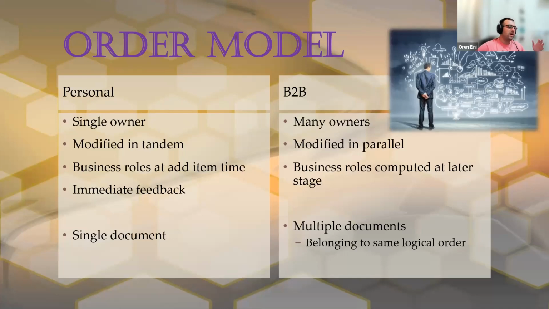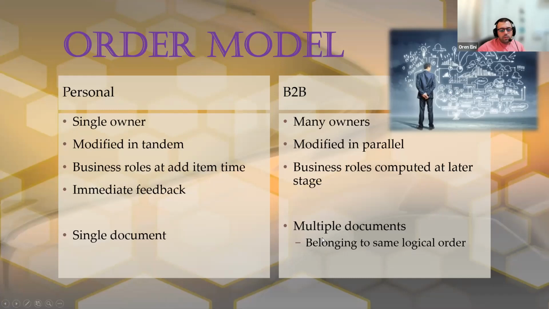Now, I may want to provide some feedback based on local context, but until I'm actually charging that order and moving it forward, I don't have the option of running all of the business rules. And that leads us to a really interesting situation.